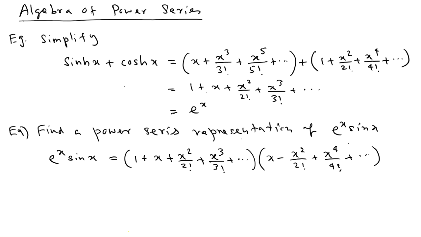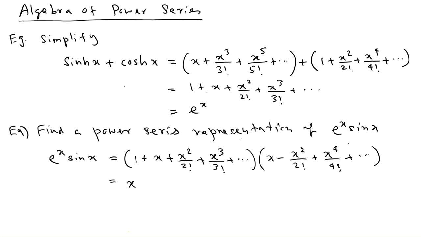Now what we can do, let's look at the first few terms. So let's start with the smallest term. What's the smallest term? When you multiply the first term with the first term, you get x as the first term. And then what else do you get? What's the next one? You can see that x gets x squared, and then you're going to get 1.